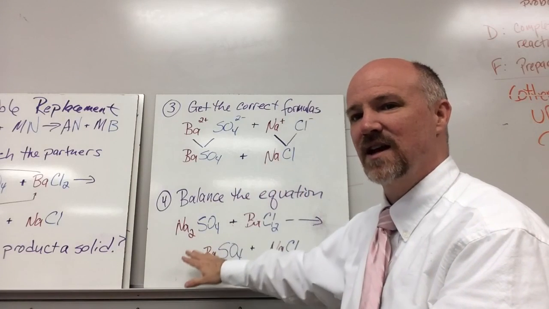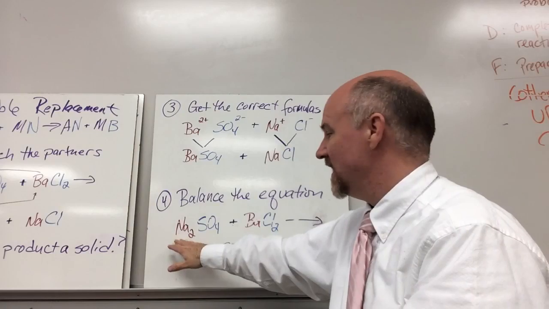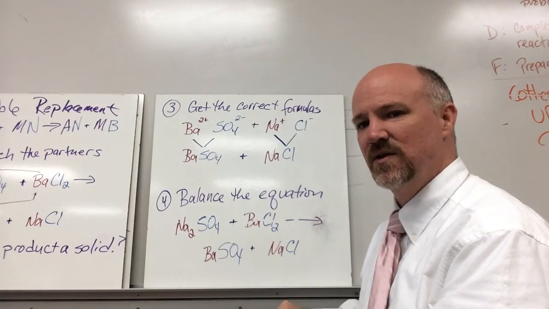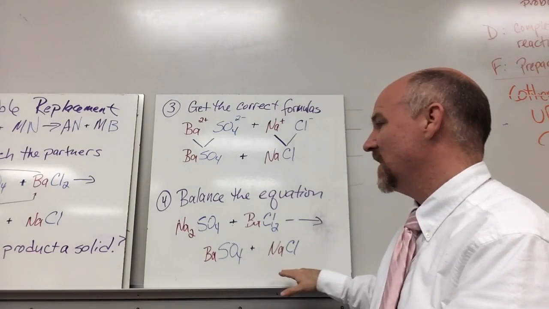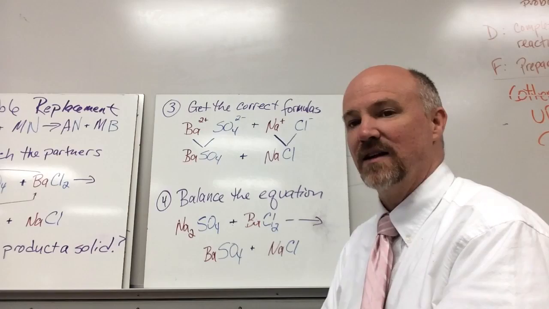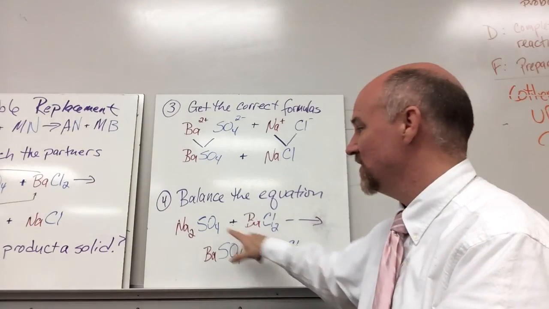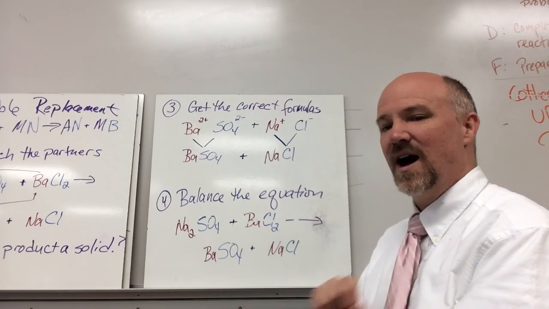The last thing I need to do is balancing. I started out with sodium sulfate, Na2SO4, and barium chloride, BaCl2. I get two products, BaSO4 and NaCl, and the one thing I notice is that I don't have the same number of sodiums or the same number of chlorides. So I need to balance it.